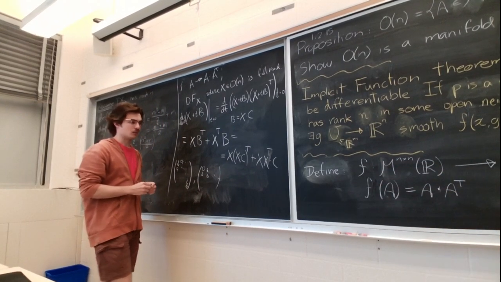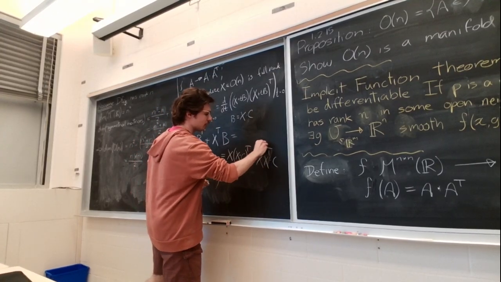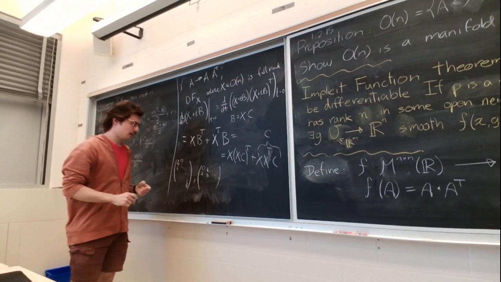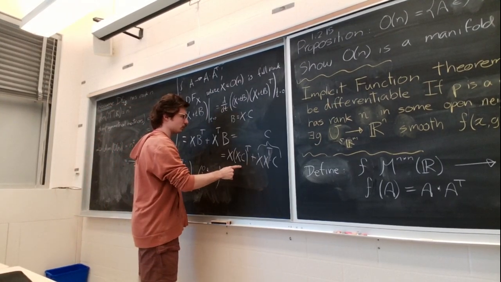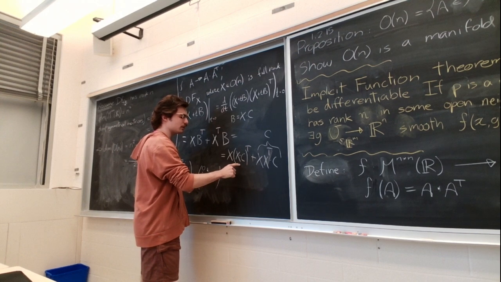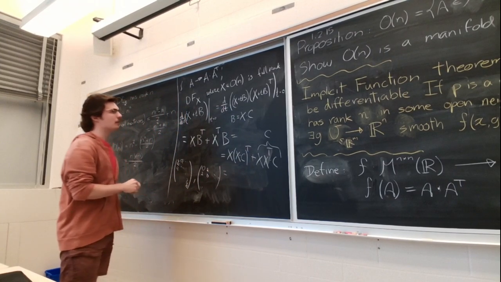X times X transpose is 1, so this whole thing is just C. And here, if I take the transpose, it swaps them. So I also want to get C transpose. Am I messing up?